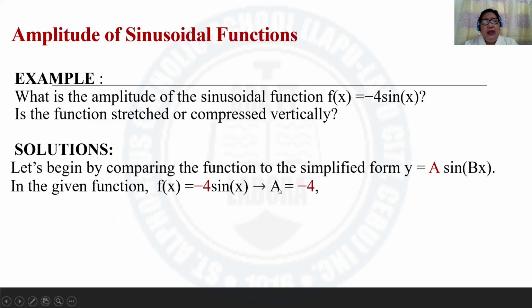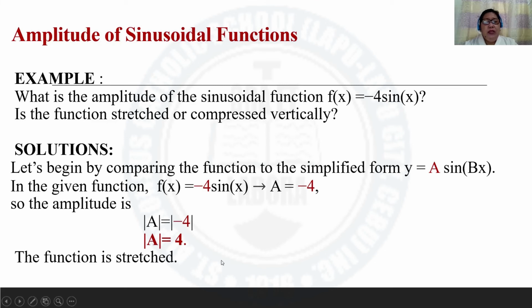So our a is equal to negative 4 because the number beside sine is negative 4. This is the value of a. So the amplitude is the absolute value of a, which is the absolute value of negative 4, equivalent to positive 4. So therefore, the amplitude is 4.